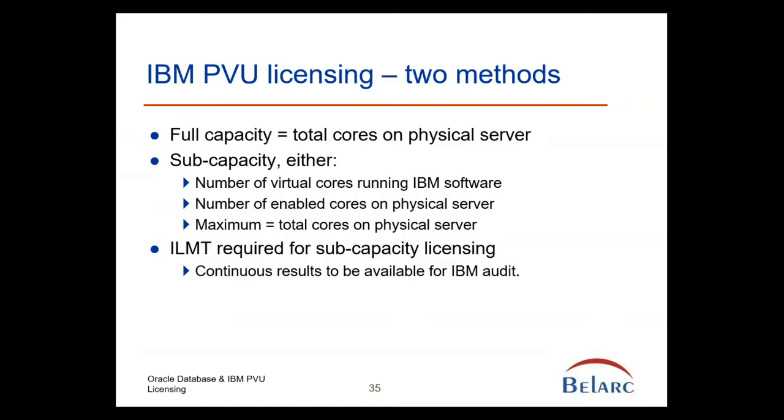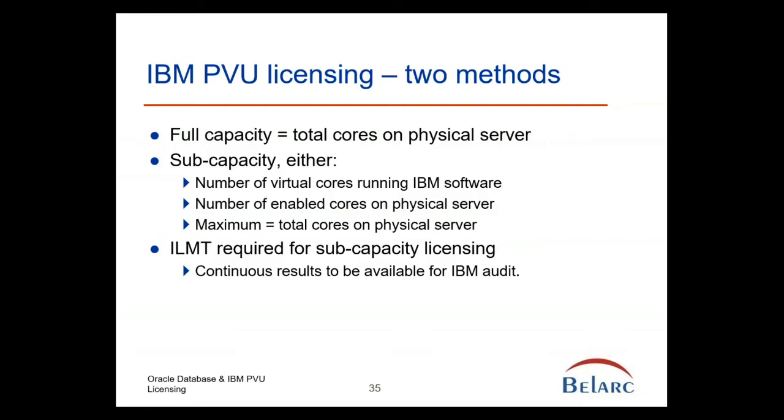You're also entitled to use the smaller of the numbers. That is, if you count things by subcapacity, it could be that because you have many virtual machines packed into a single physical machine, counting through the virtual machines will give you a larger number than the physical capacity. In that case, you're allowed to use whichever is the smaller number.